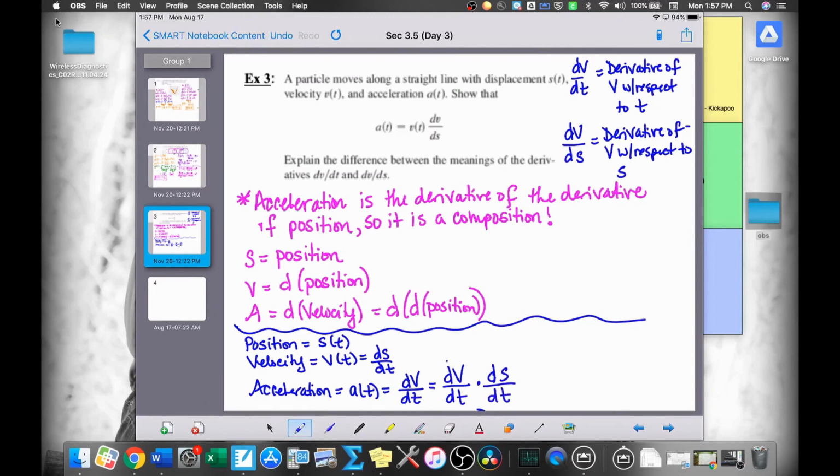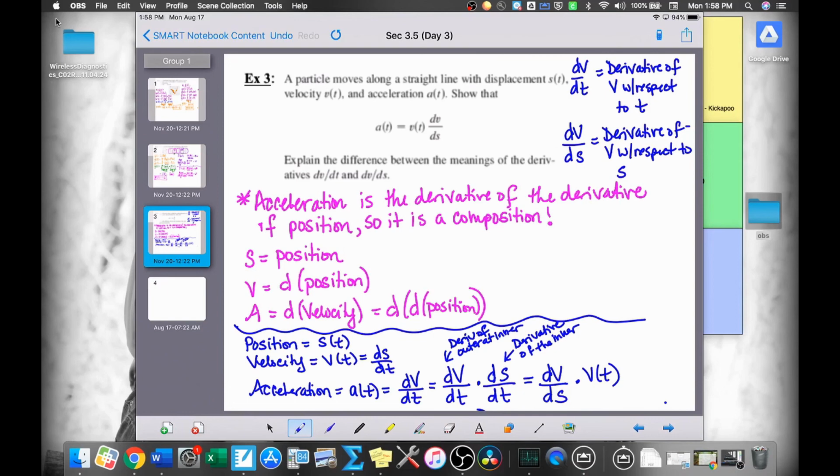Okay, so let's label these. This is the derivative of the outer at the inner. And this is the derivative of the inner. Which ultimately is equal to the derivative of velocity with respect to position times our v of t.